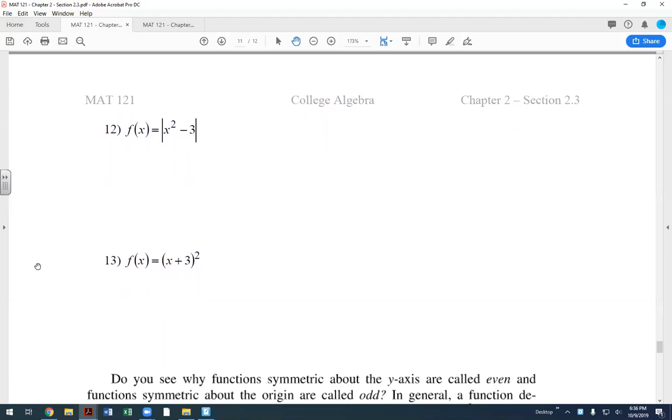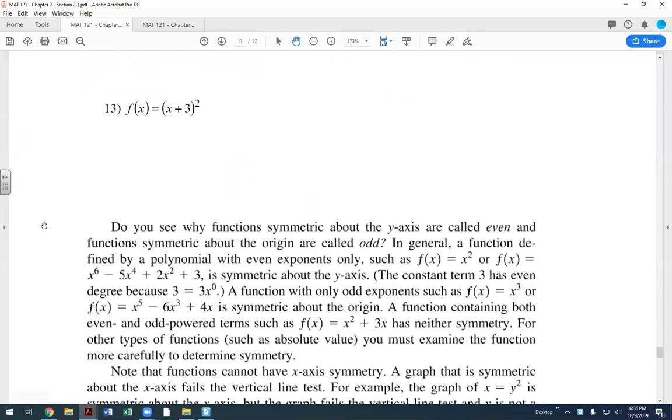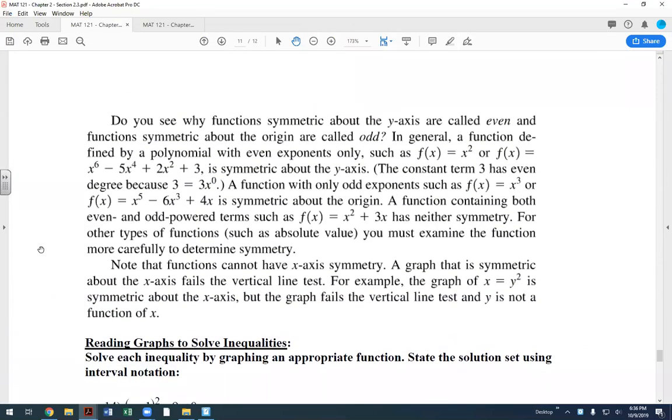Now this guy here, when we FOIL it out, we end up getting x squared, which is an even number, 6x, x to the 1st power, that's an odd number, and then the 9, of course, if you think of that 0 exponent, is an even number. So we have a combination of odd and even. So obviously, as far as type of function goes, it was neither. And since it's a parabola, it brought its own symmetry to the game, but otherwise, it does not fall into these two categories of odd and even function.